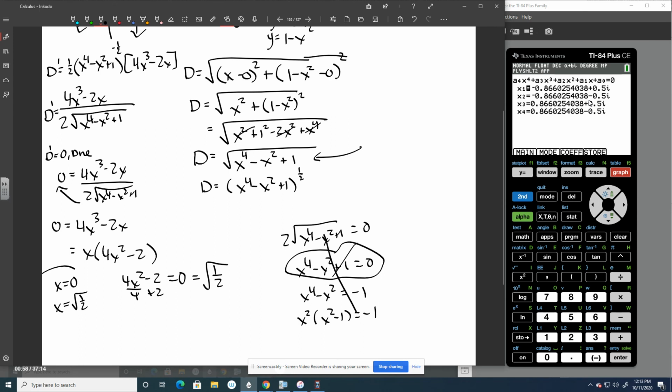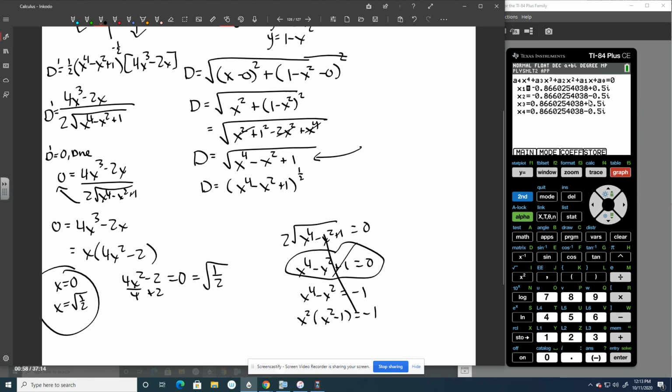So all I end up checking is whatever makes the top 0, which was the derivative of the inside. If you go all the way back to our distance function, I'm trying to minimize the square root of a number. Well, if I can make that number itself as small as possible, the square root is going to minimize as well.